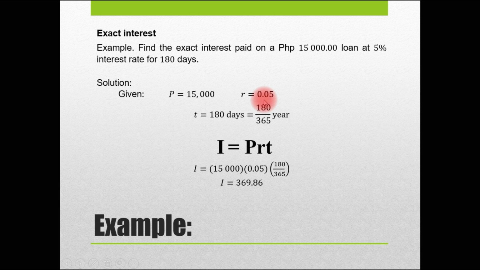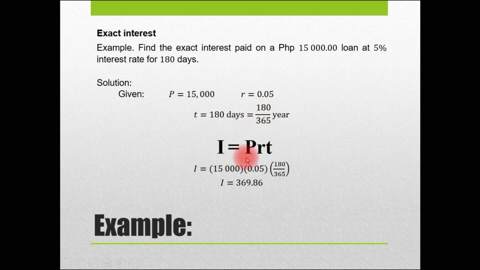Ang time natin again is pareho namang 180 days but again ang pinag-usapan natin is exact interest. So, that's one instead of 180 over 360, 180 over 365. Okay? Because we are talking about the exact interest. So, time is 180 days equal to 180 over 365.